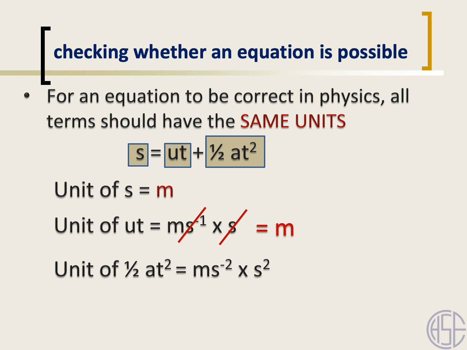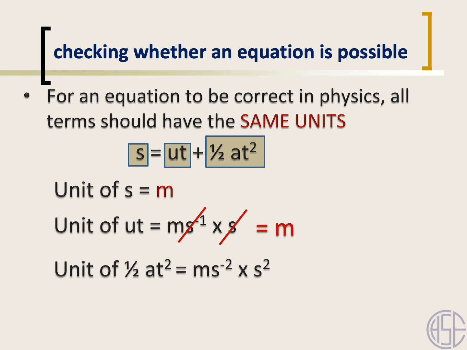So the numerical constants are not checked for units. That's why I was saying possible equation, not a correct equation. So we can only check whether an equation is possible or not. We can't check exactly whether the equation is correct.